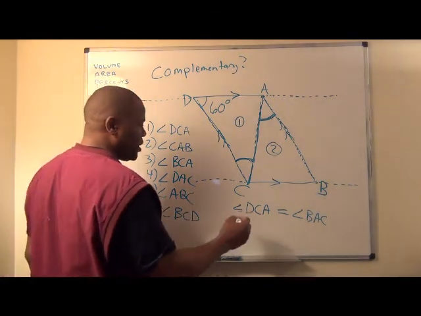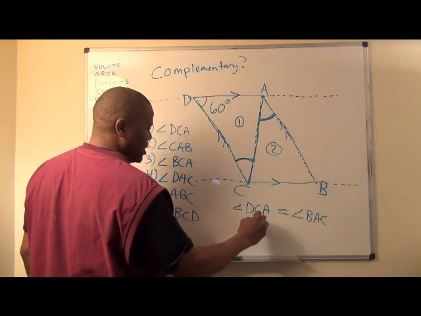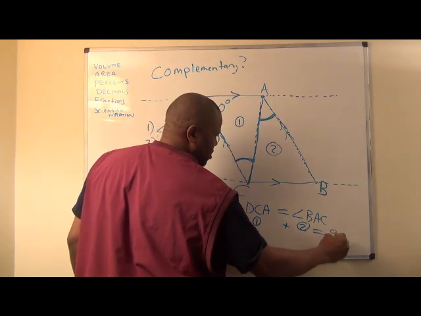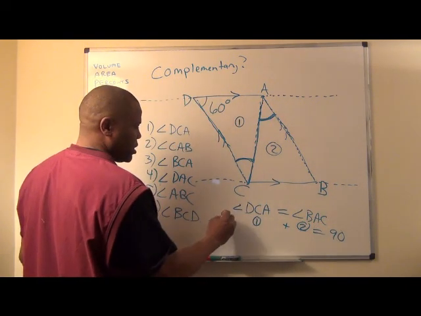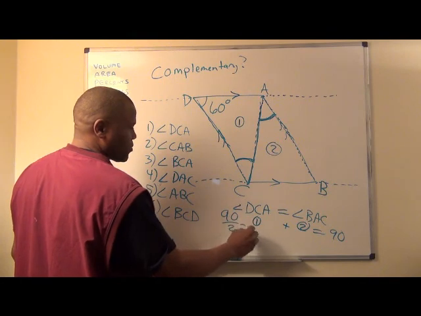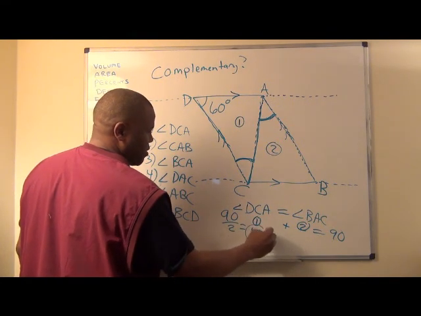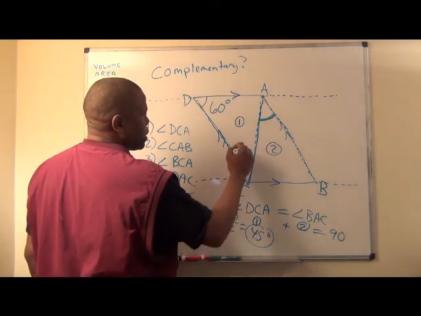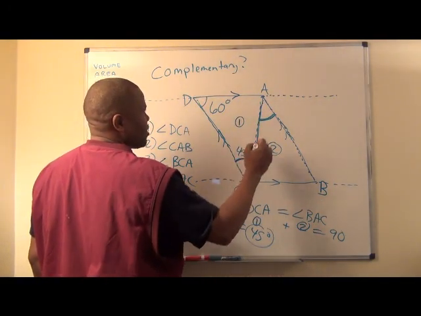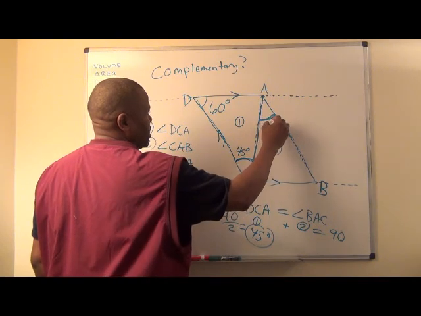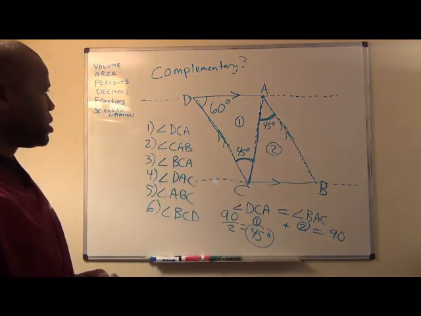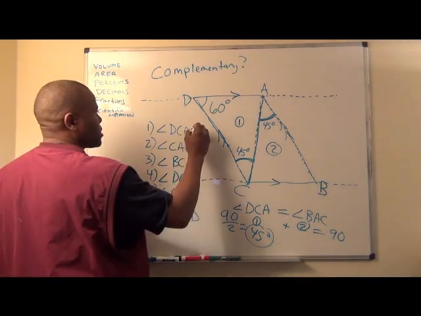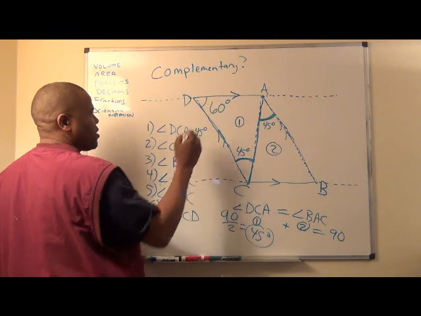The only way this angle plus this angle can equal 90 degrees and be congruent is if they're 45 degrees apiece. So this angle here is 45 degrees and this angle here is 45 degrees. So angle DCA is equal to 45 degrees.